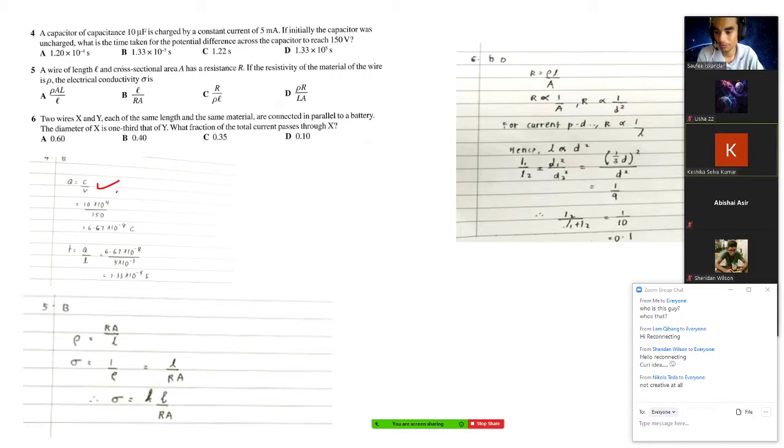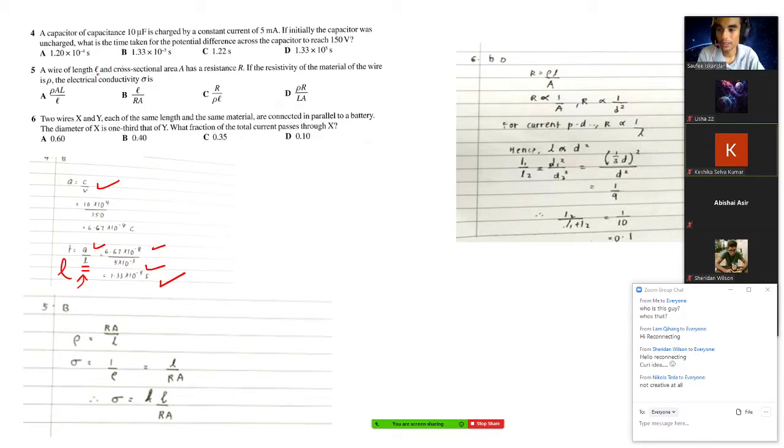Q equals CV, and then T equals Q over I. Kashika, you wrote I as L. It's 6.67 divided by 5. The answer is correct, but remember this is Q over I, not L.